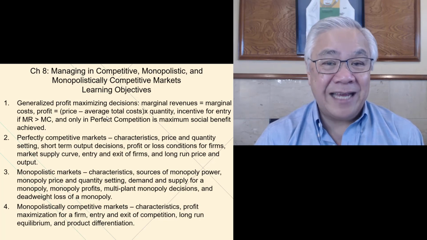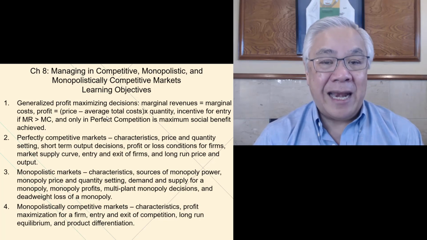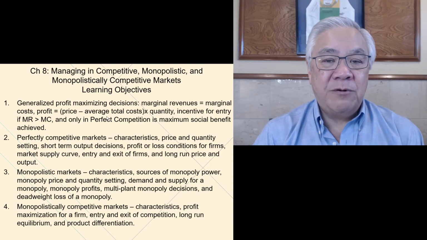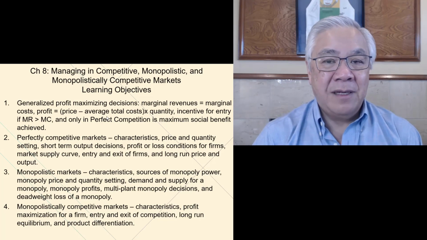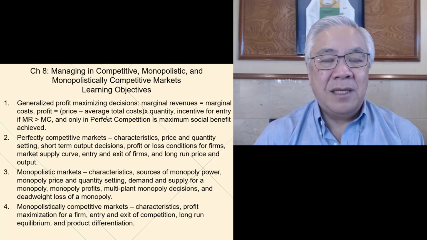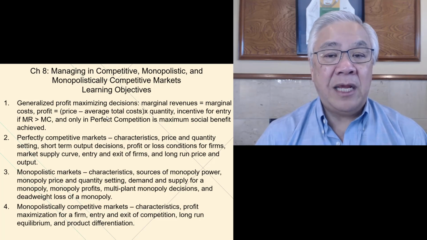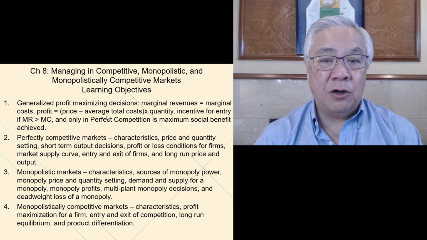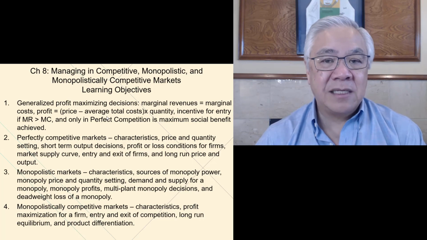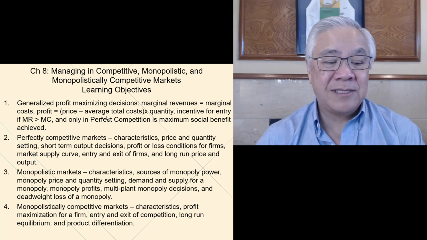So they'll be tempted to enter and make some profit. And in only perfect competition will we see maximum social benefit, because in that condition, the optimal production is made that increases the quantity and lowers the price, which creates consumer value and producer surplus.